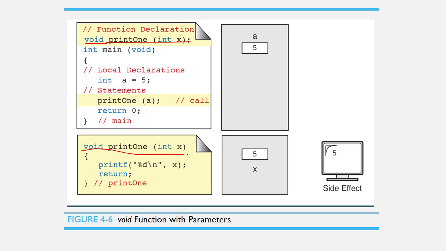So we have here a function declaration and a function definition, with a void keyword placed before the function name, print1.